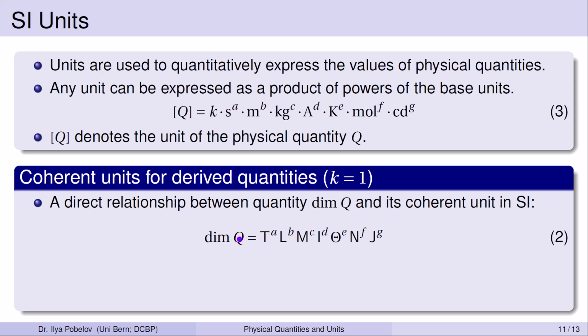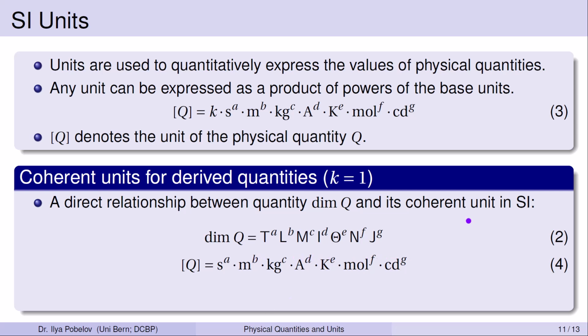Any physical quantity Q can be constructed from base quantities using a unique set of dimensional exponents A, B, C, D, E, F, G. Consequently, the coherent unit for the quantity Q is constructed from the base units of SI using the same set of dimensional exponents.